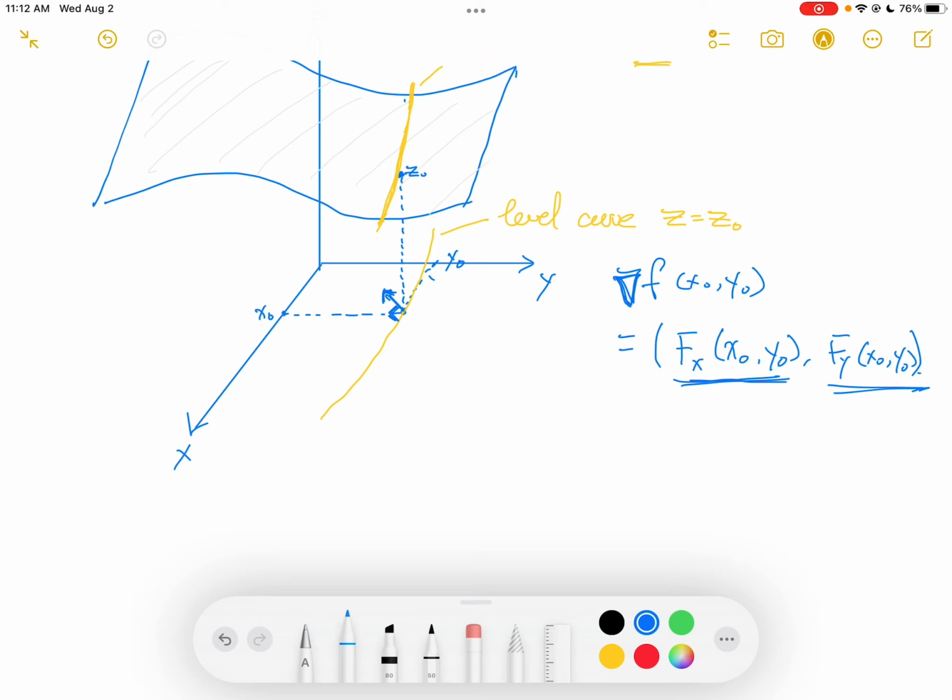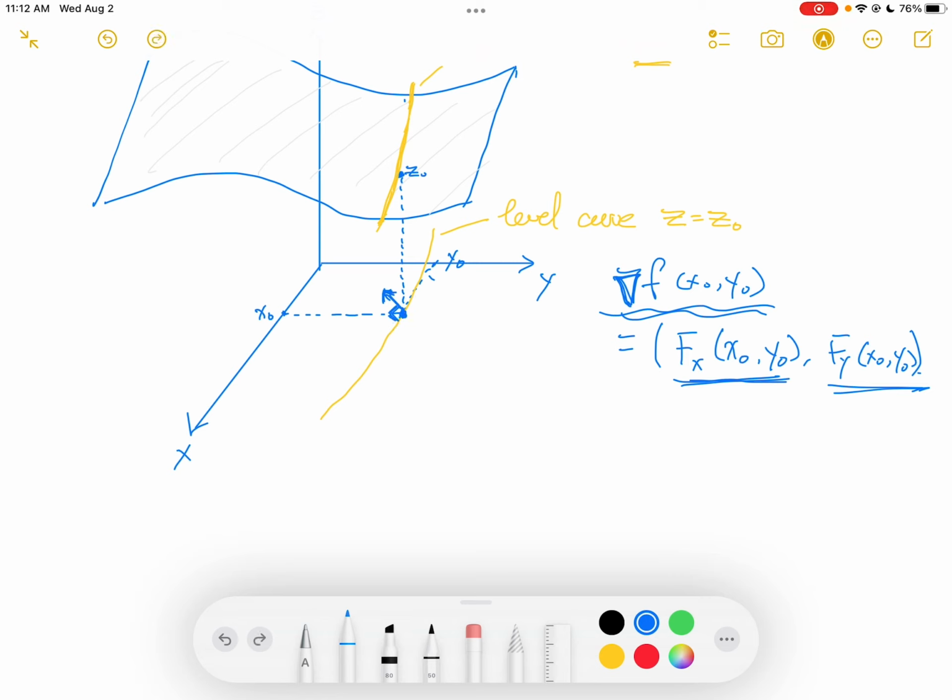So then visually speaking, what this gradient vector says is that at x0, y0, at this point, the maximum rate of increase in the z value, should we deviate from this point just a tiny bit, let's say this way or this way or this way or this way, right?